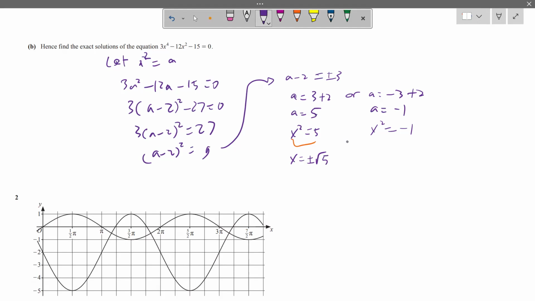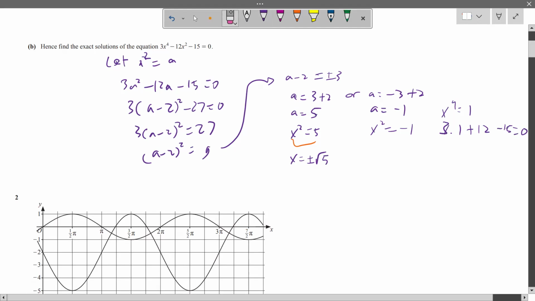Could you also have done it with the right-hand side? Well, you can try actually. If x squared is negative 1, that means x to the power of 4 is 1. And then if you were to substitute it back into this equation, you get 3 times 1 minus 12 times negative 1, minus 15, which is 0.